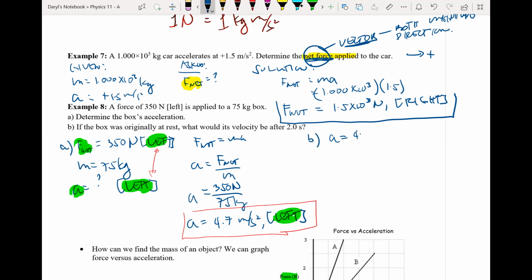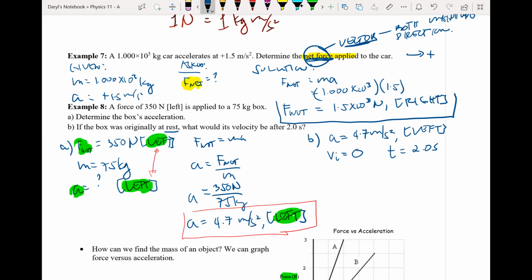So that means 4.7 meters per second squared to the left. We're given that. And it is originally at rest, so initial velocity is 0. And we're given a time of 2.0 seconds.